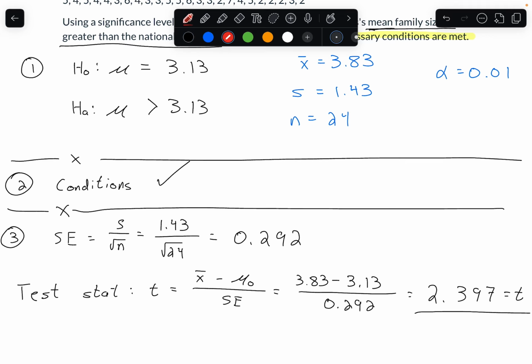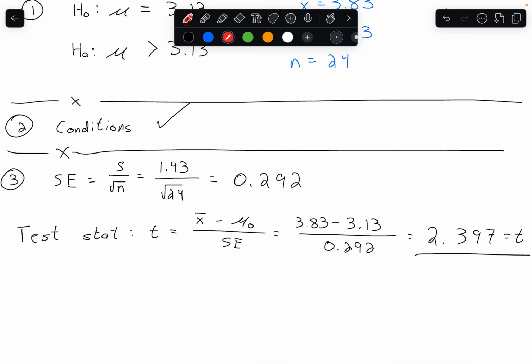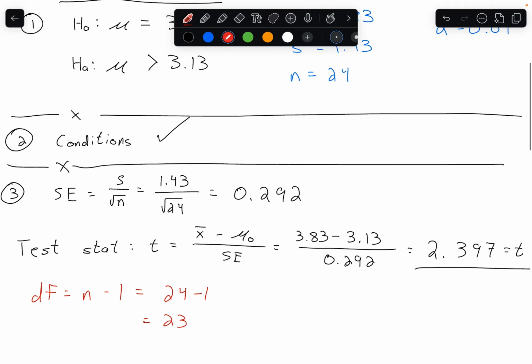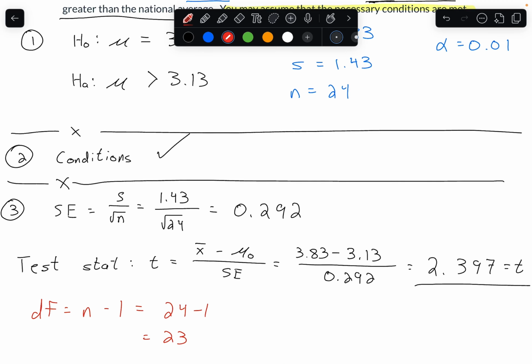But before I can do that, I need to know two things. I need to know my degrees of freedom, which remember is n minus 1. In this case, 24 minus 1 gives me 23 degrees of freedom. The other thing is what type of test we're doing. Are we doing a one-tailed test or a two-tailed test? For that, we look back at our alternative hypothesis. In this case, it says mu is greater than 3.13, which means we're doing a right-tailed test.